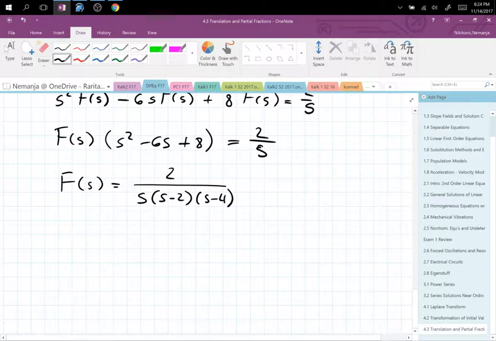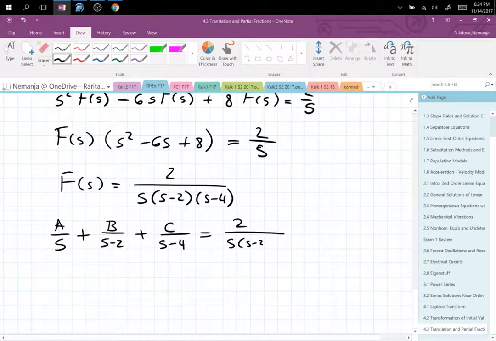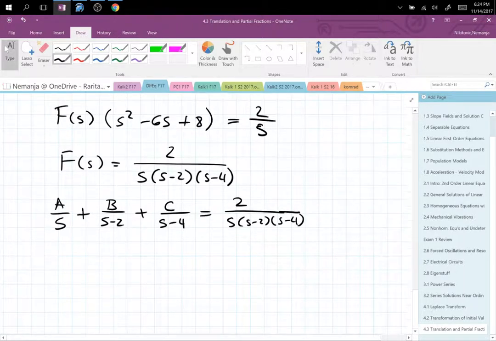We good? All right. So we have a over s plus b over s minus 2 plus c over s minus 4 equals to 2 over s, s minus 2, s minus 4. And now we do the multiplication.